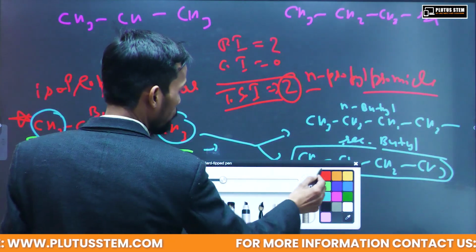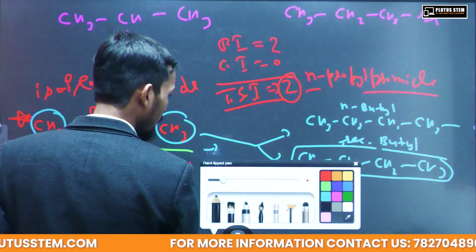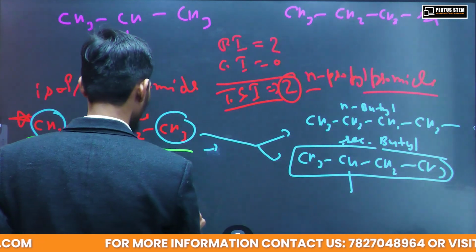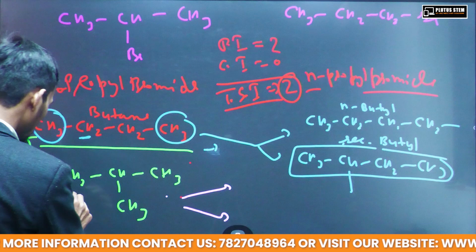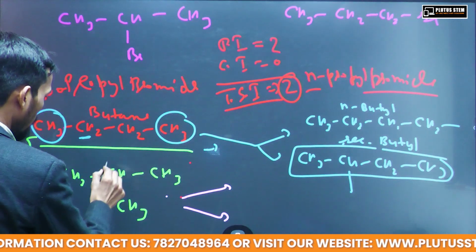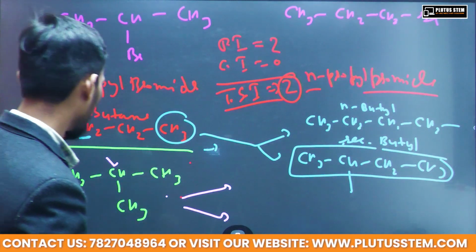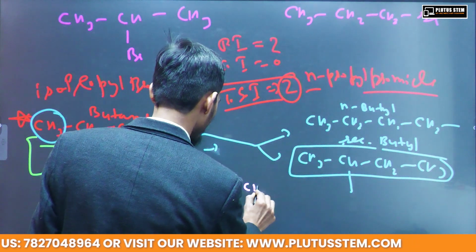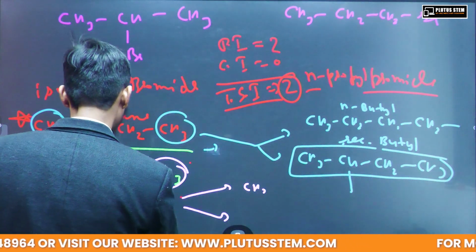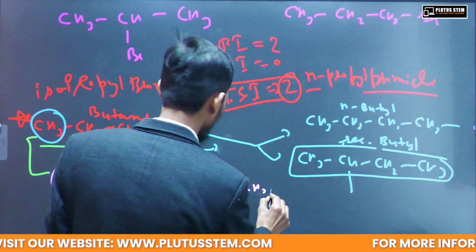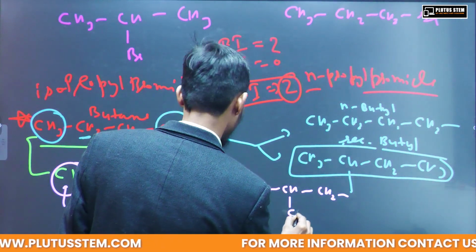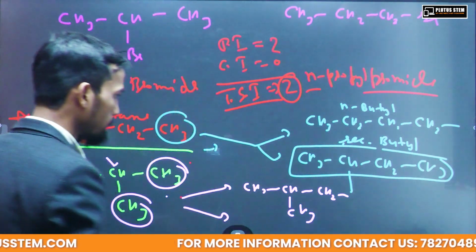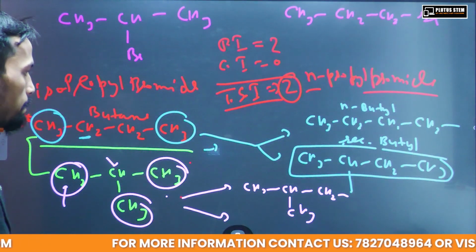So 2 possibilities from here, and if you see regarding this one, this will also give rise to one possibility from this side and another possibility from this side. So because these 3 are same now, CH3CH(CH3)CH2 and CH3. Clear?